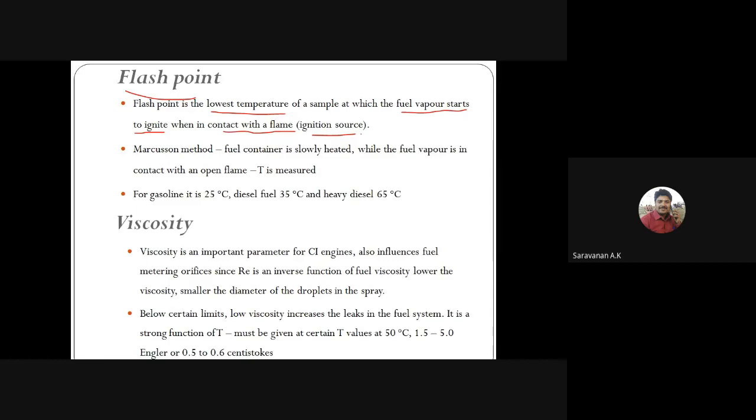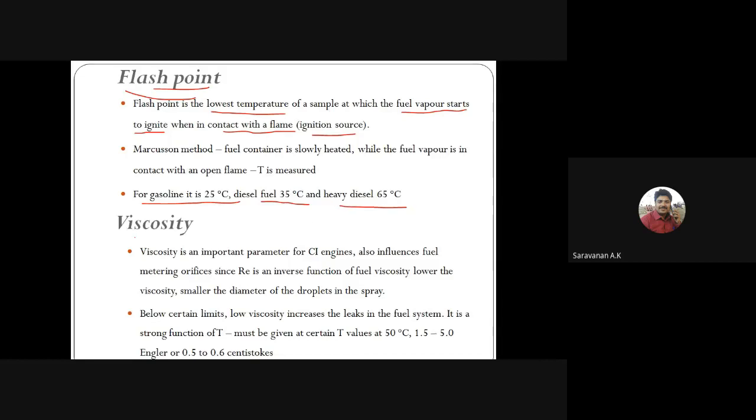So that temperature is called the flash point temperature. For gasoline it may be around 25 degrees Celsius, and for diesel around 35 degrees Celsius. For heavier diesels it may be 65 degrees Celsius.